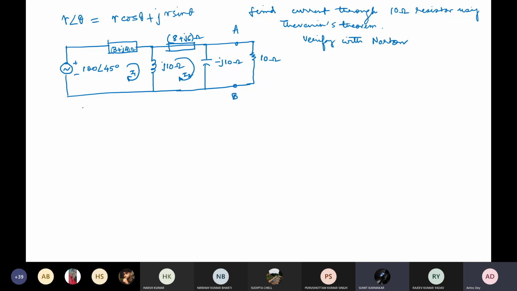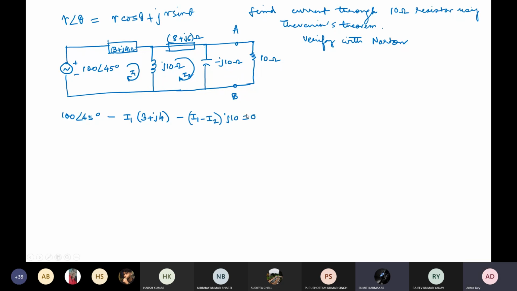Then what is your first KVL equation? It is 100 angle 45 minus I1 into 3 plus j4 minus, sorry, I should write it like, it is I1 minus I2 into j10 equal to 0, right?